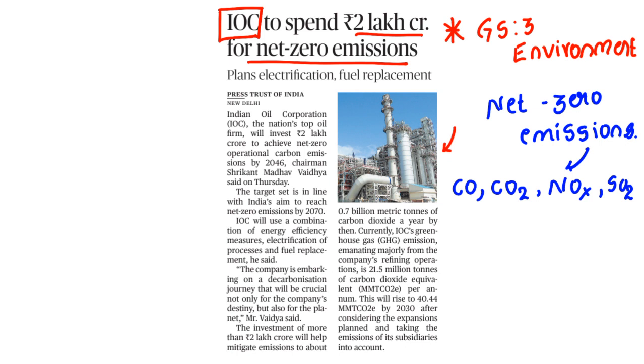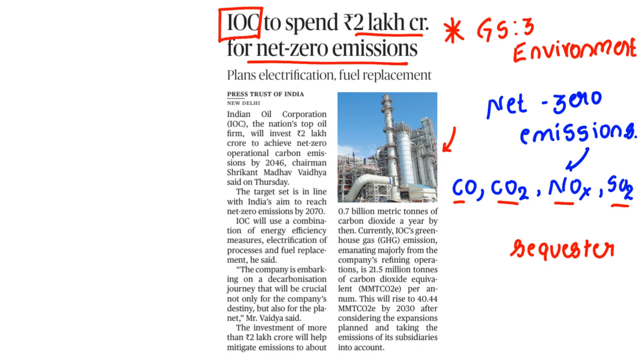Then what is net zero? Does this mean you are not going to produce carbon monoxide, carbon dioxide, nitrogen oxide, sulfur dioxide? No. Here the company generally goes on emitting, but in the same way it tries to sequester. Clear? Remember this word? It tries to sequester the CO2 present in the atmosphere.